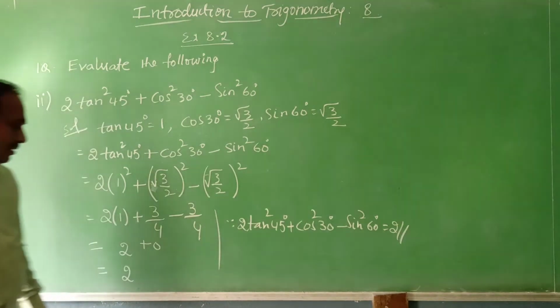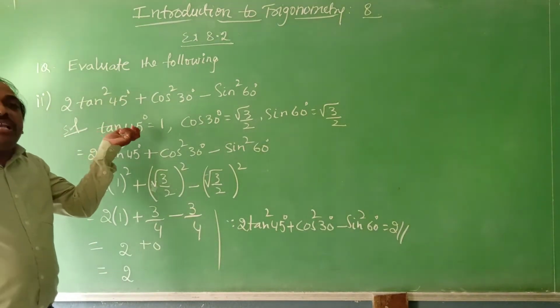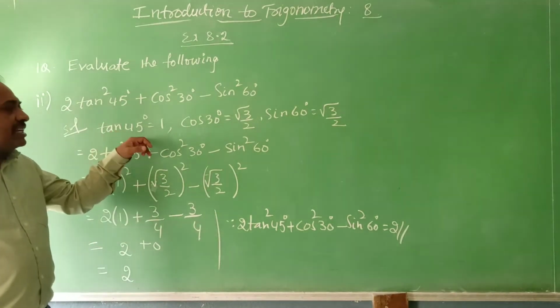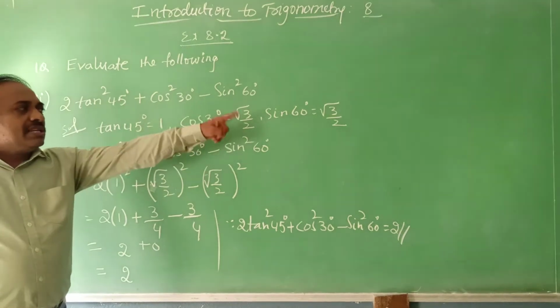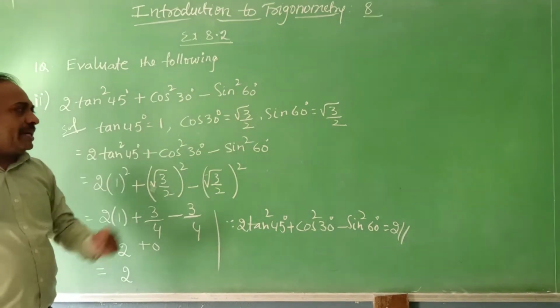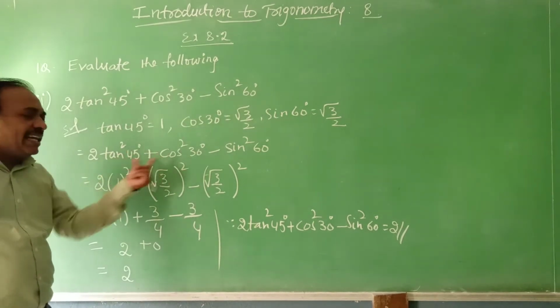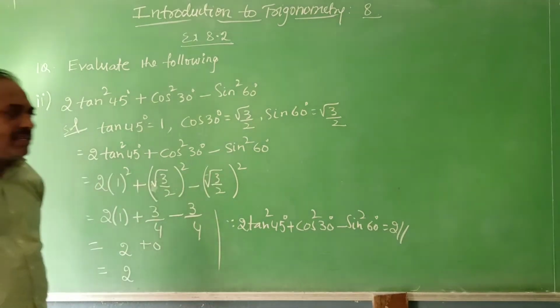That is the answer. We just rewrote the values of those specific trigonometric angles: tan 45 is 1, cos 30 degrees is root 3 by 2, sin 60 degrees is root 3 by 2, substituted them in the given question and evaluated. The final answer is 2.